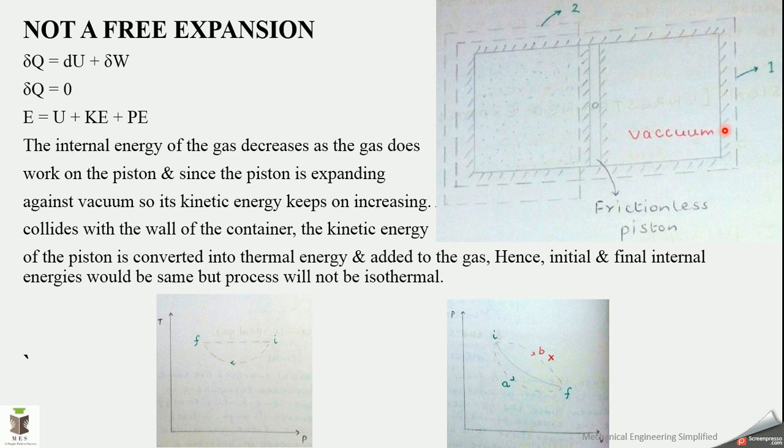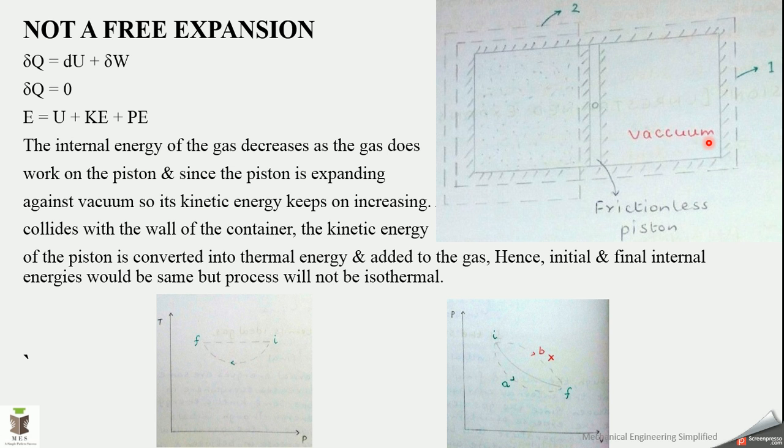But the process is again not isothermal because the system is losing some internal energy, because of which the piston is getting some kinetic energy, and at the end when the piston hits the wall of the container, the kinetic energy of the piston is again added to the gas as internal energy. So the initial and final internal energies are the same. And the initial and final temperature can also be the same if the substance involved is an ideal gas, but the process will not be isothermal.